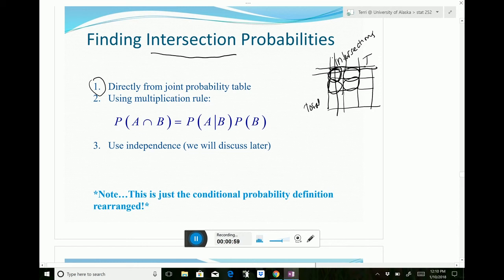So the next way we can do is we can use what we call the multiplication rule. So let's say, for the sake of the argument, that we know the conditional probability and we know the probability of the given event. We can use the multiplication rule to find our intersection. Think about this.